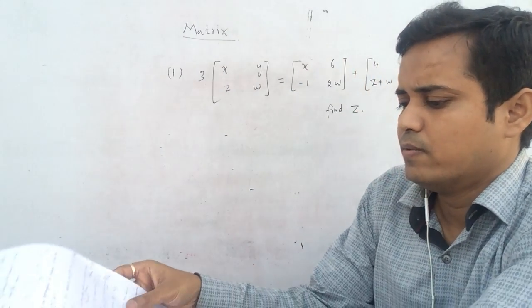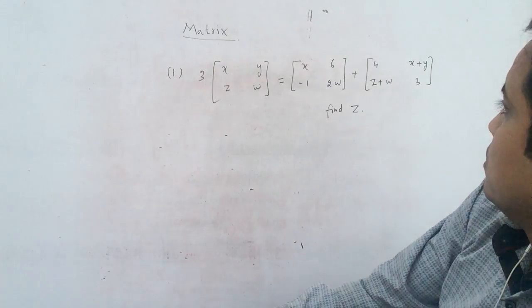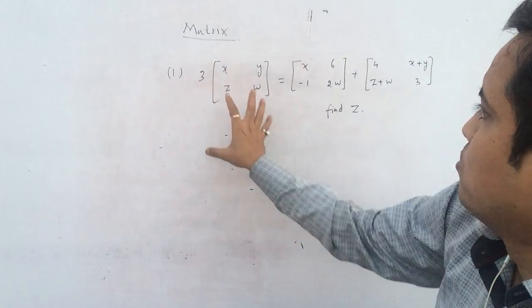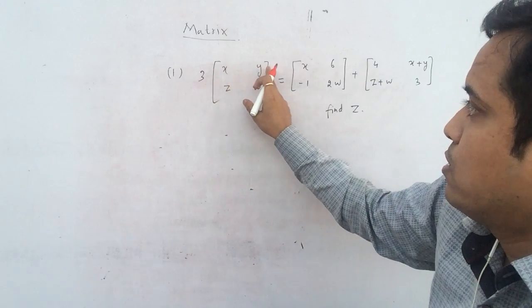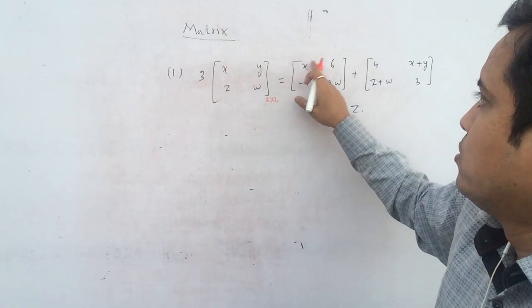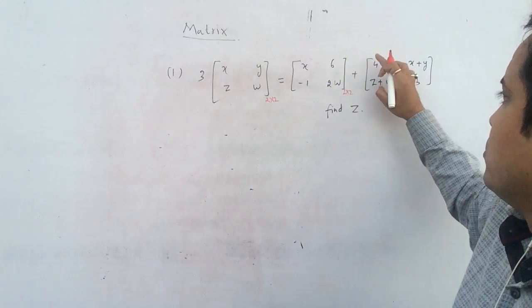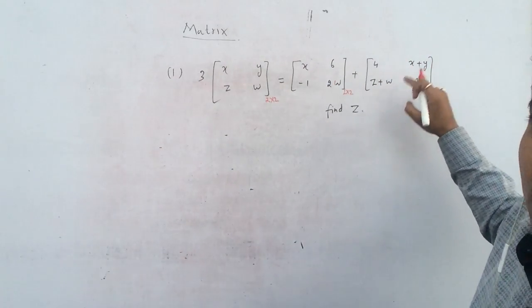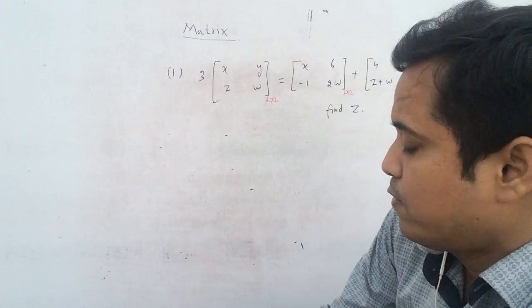So this is given, and this is the equation. The order of this matrix is 2 cross 2: 2 rows, 2 columns. Now you have to solve this.